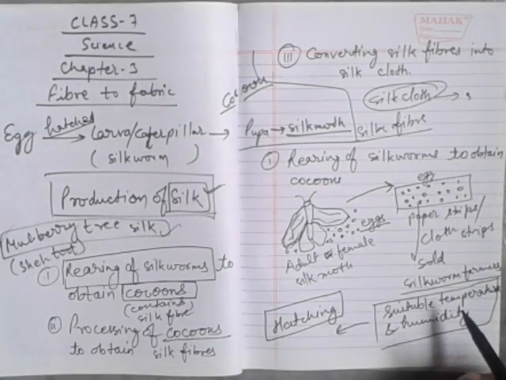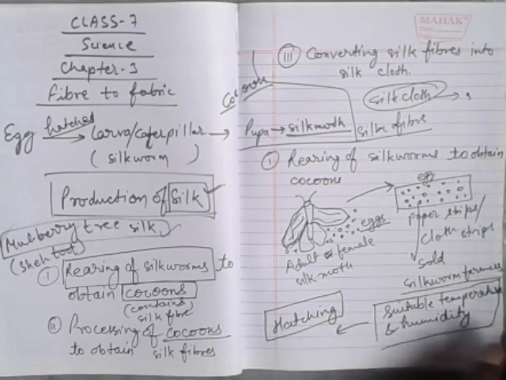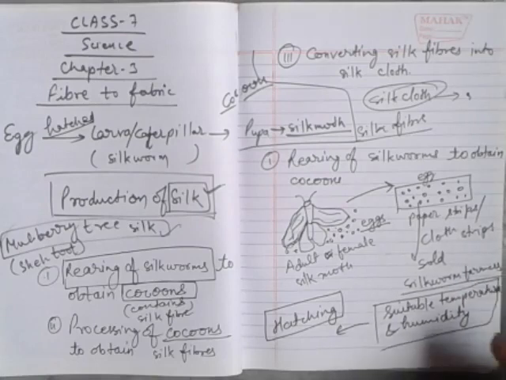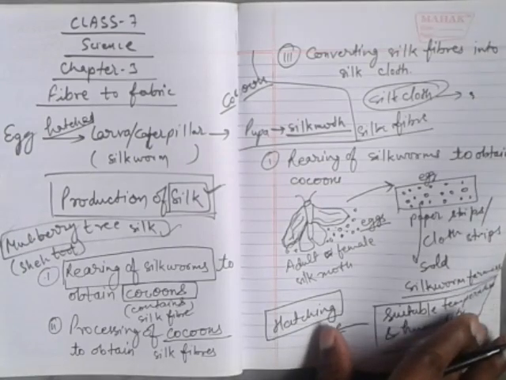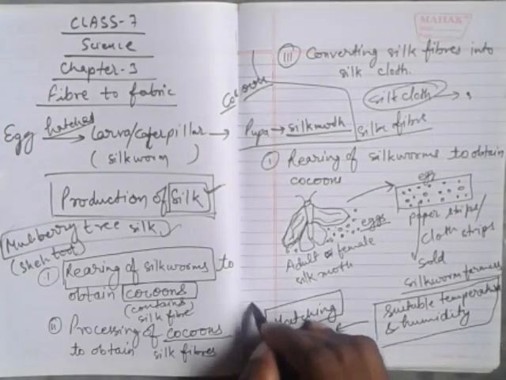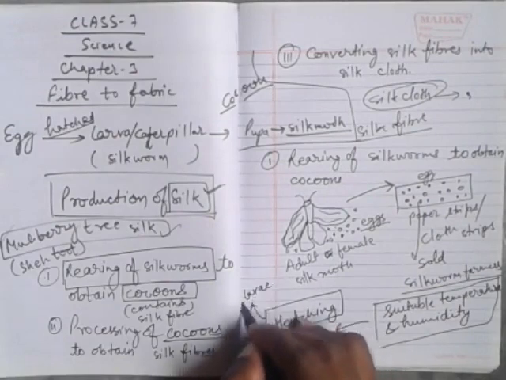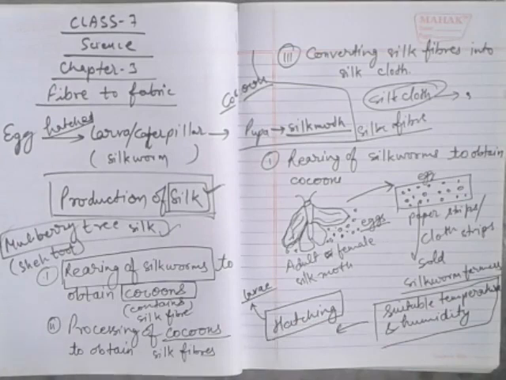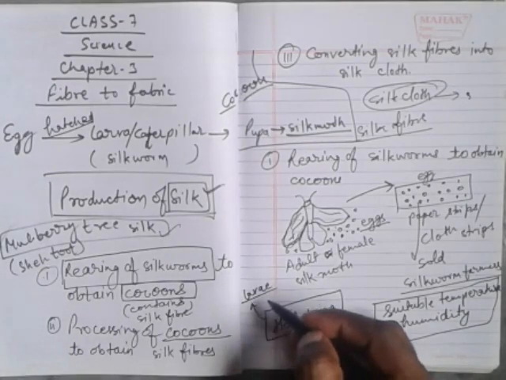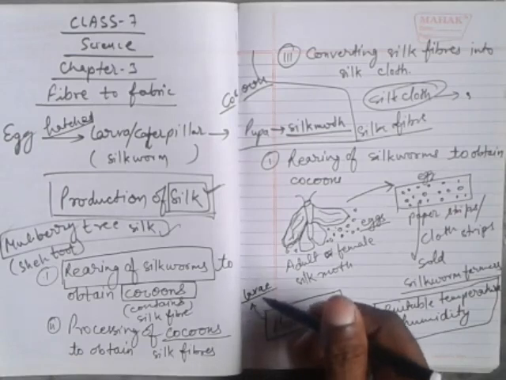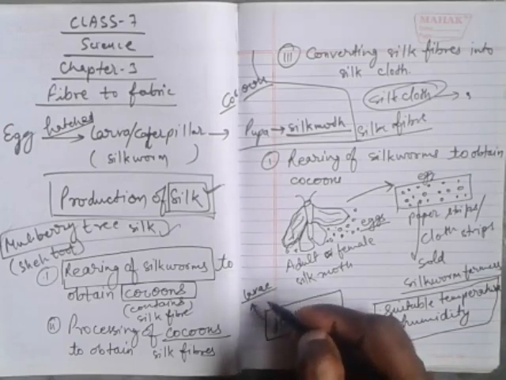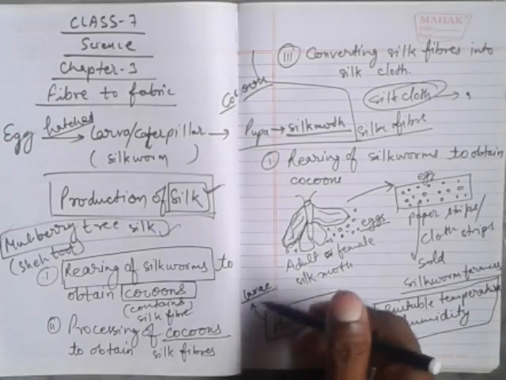And then the silk farmers give mulberry leaves to the larvae, plural of larva, or we can also say silkworms. These silkworms are fed mulberry leaves and they grow bigger in size day and night after eating the mulberry leaves.